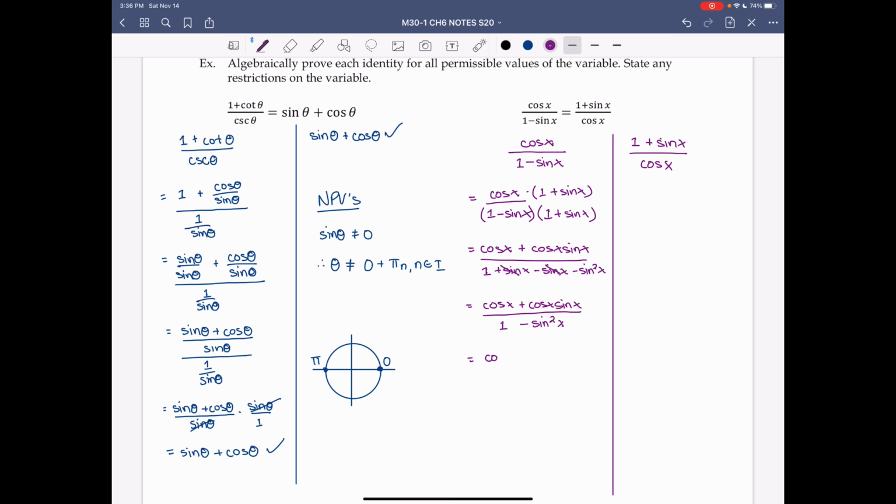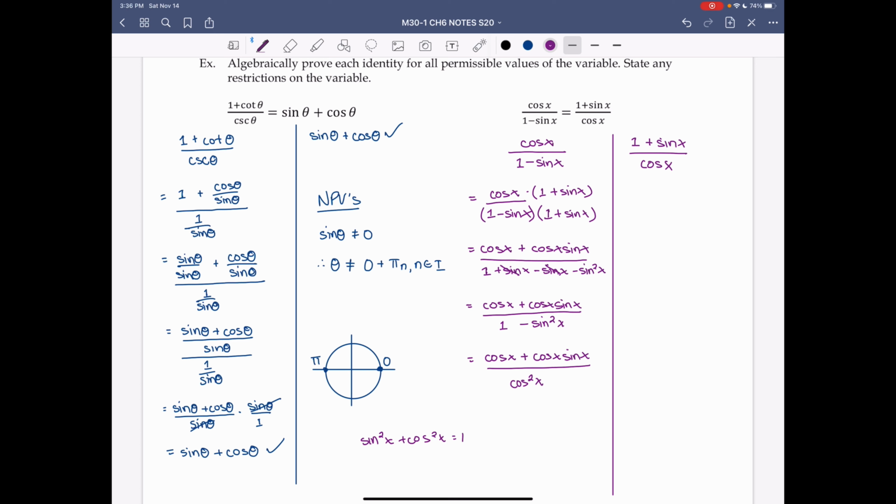But from our Pythagorean identities, 1 minus sine squared x equals cos squared x. So the top is still cos x plus cos x sine x, and the bottom becomes cos squared x, because we have the Pythagorean identity sine squared x plus cos squared x equals 1.